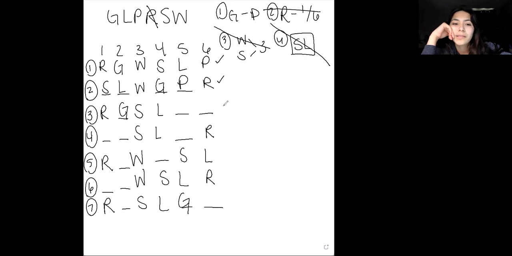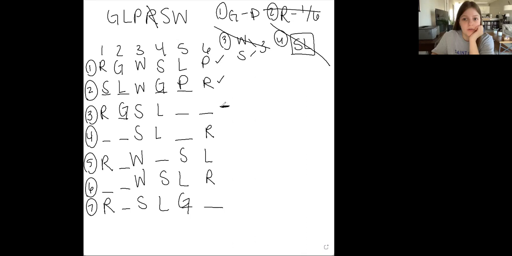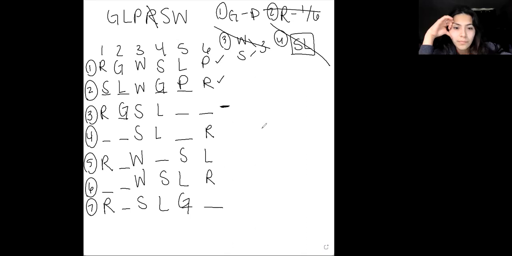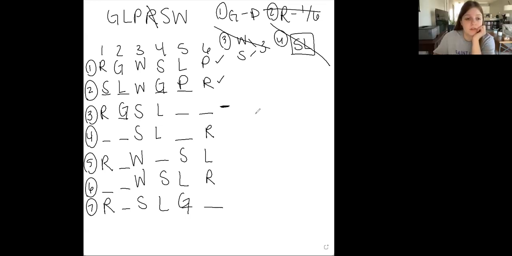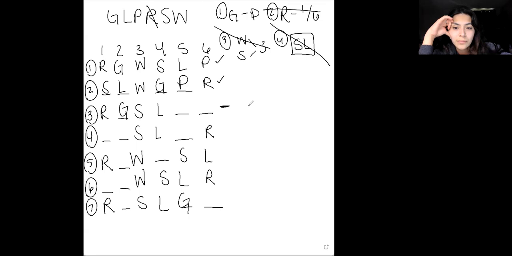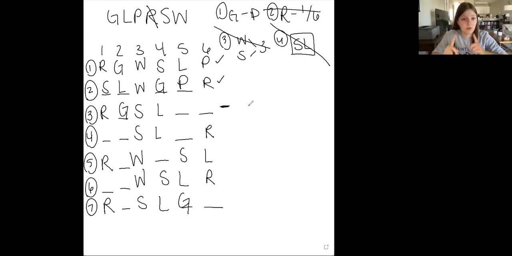I'm looking at that third world. I don't know if you're looking at the third world. So W can go in 6? Could go in 6. Could it go in 5? Yes. So P and W can go in the same spots.